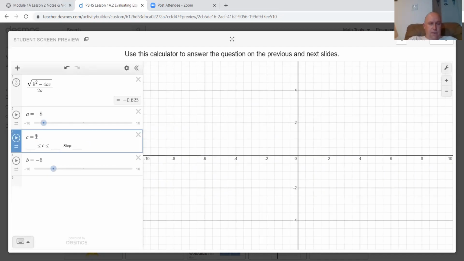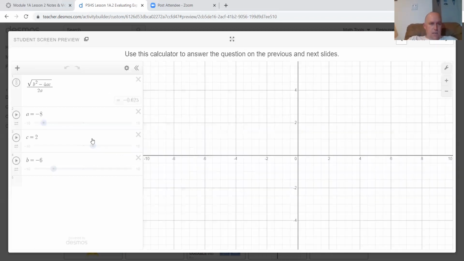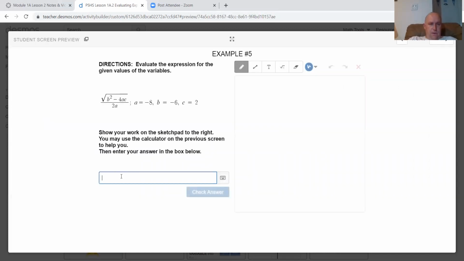Consider I already made one mistake earlier. Looks like -0.625, as long as I copied this down correctly. I'm going to just do one more check. -8, -6, and 2. And we got -0.625. Okay. And let's see if that is correct. Fingers crossed.